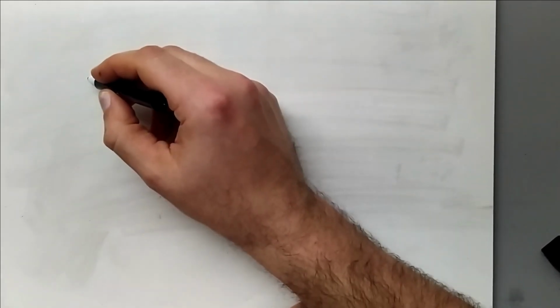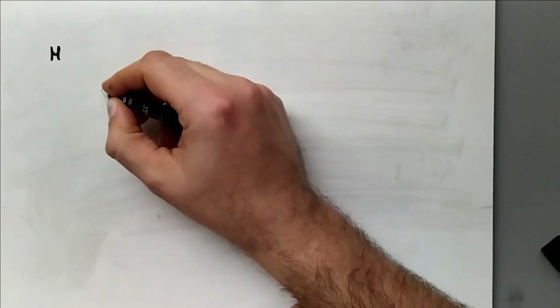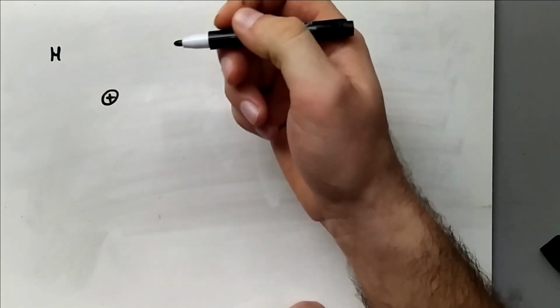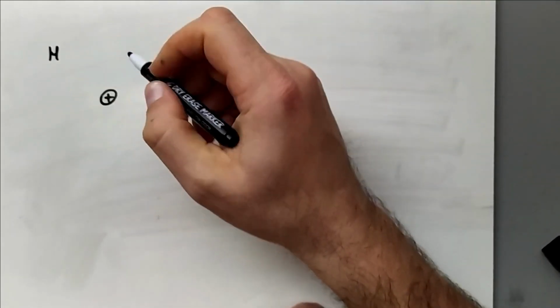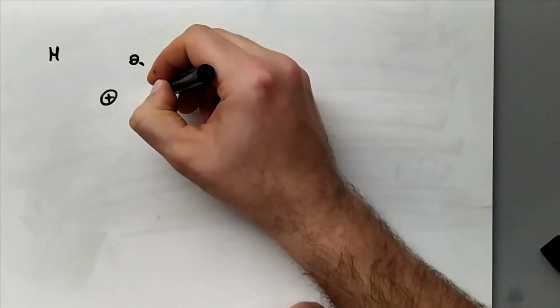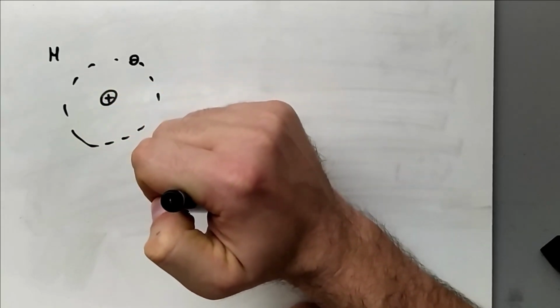The most simple atom is the hydrogen atom, and that consists of a positive nucleus, which in turn consists only of a single proton, and an electron, negatively charged, which orbits this proton.